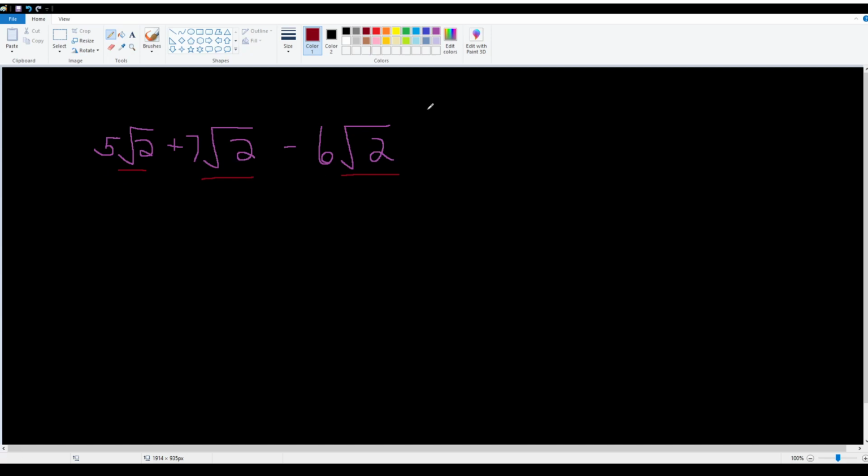So all of these terms I am able to combine. So like we said in the previous slide, what I can do is I can take my coefficients and do what the operation says. So this can actually become 5 plus 7 minus 6.